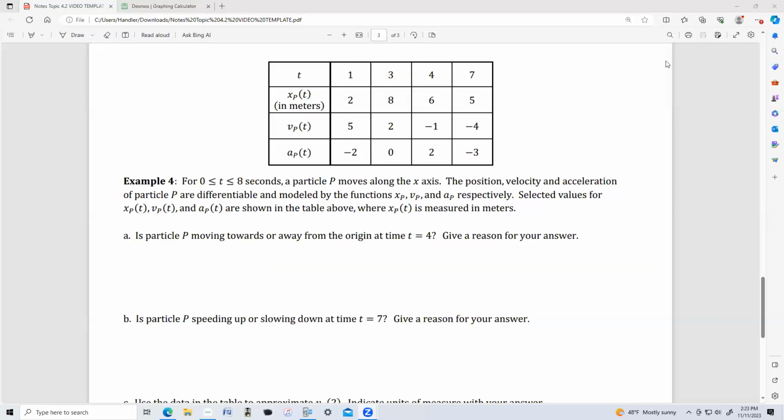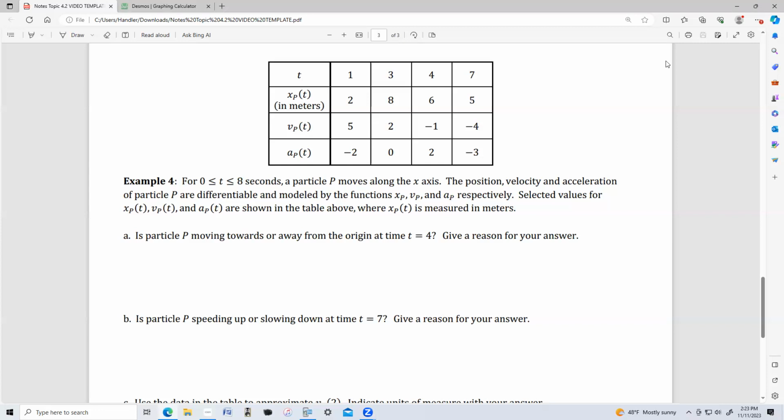Okay, for example 4, we are away from the calculator. We're back to our note sheet because we are looking at a table of information. So example 4 says, from a time domain of 0 to 8 inclusive seconds. Now we finally have units here. Now we're in seconds. All right.